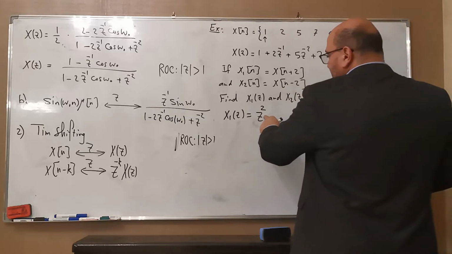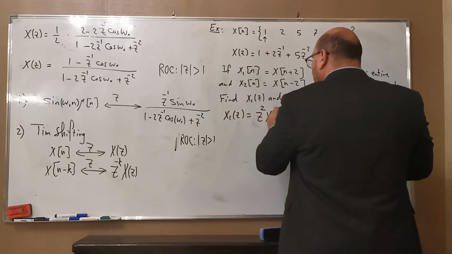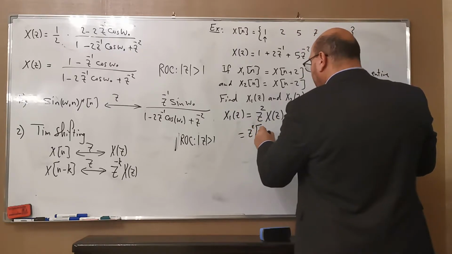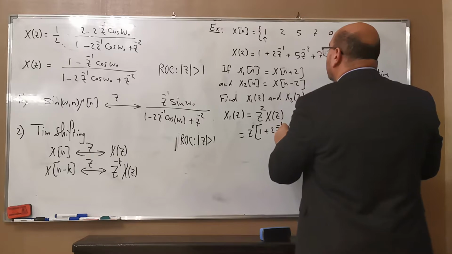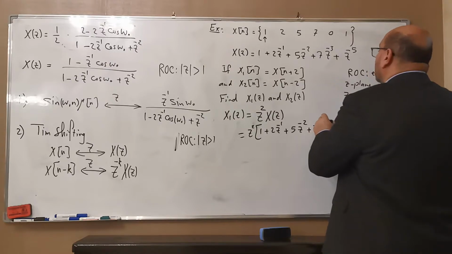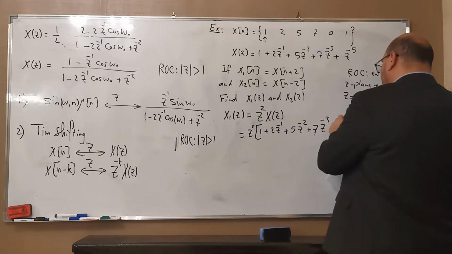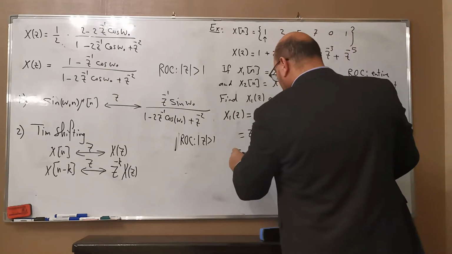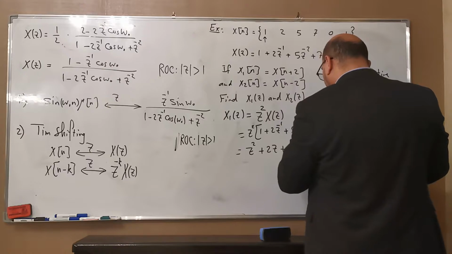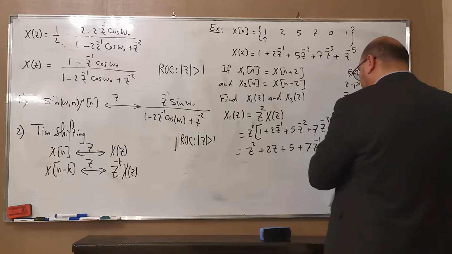So you multiply by z to the power 2, positive power of z, times X of z. So this is equal to z squared times (1 plus 2 z inverse plus 5 z to the minus 2 plus 7 z to the minus 3 plus z to the minus 5), and this is equal to z squared plus 2z plus 5 plus 7 z inverse plus z to the minus 3.